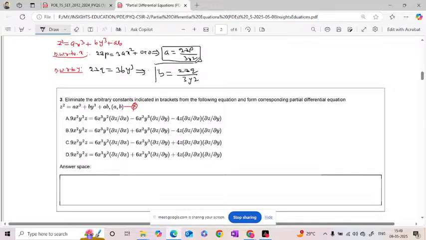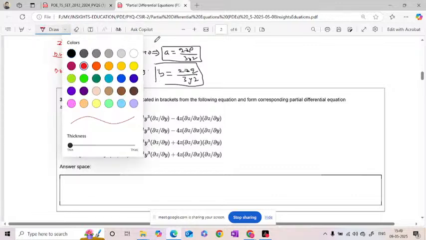Now substitute this a and b in the given equation. That means equation star.